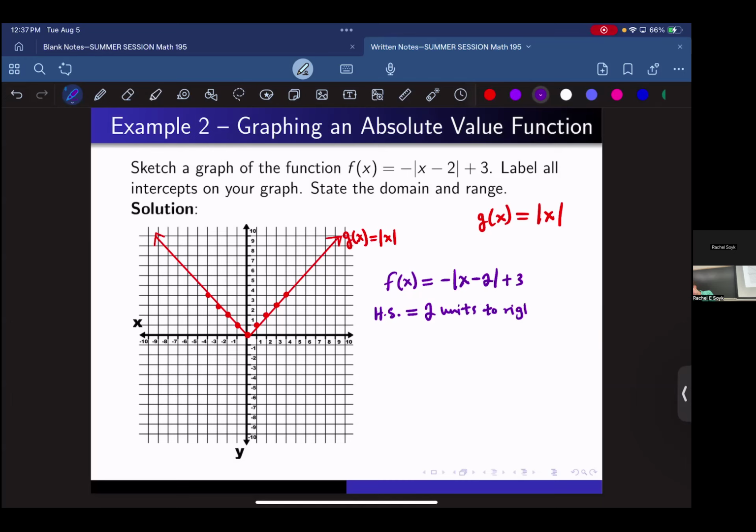And our vertical shift is 3 units. Vertical is up or down, right? 3 units up. And then we already spoke about our reflection: reflection across the x-axis, aka vertical reflection.